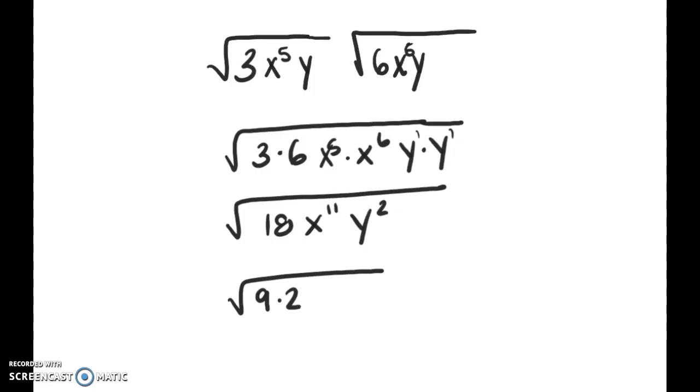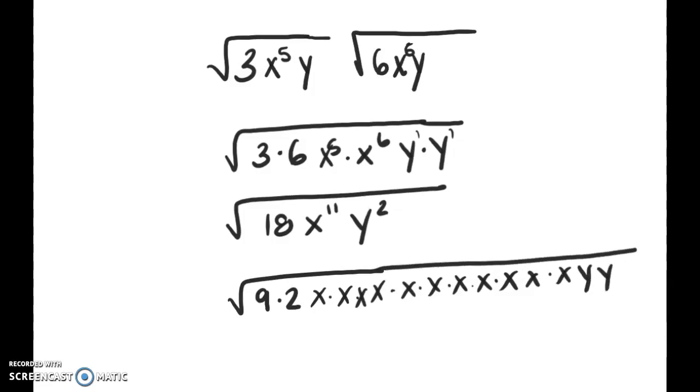And x to the 11th, well, that looks like this. And y squared looks like this. So 9 I can pull out in front as 3.